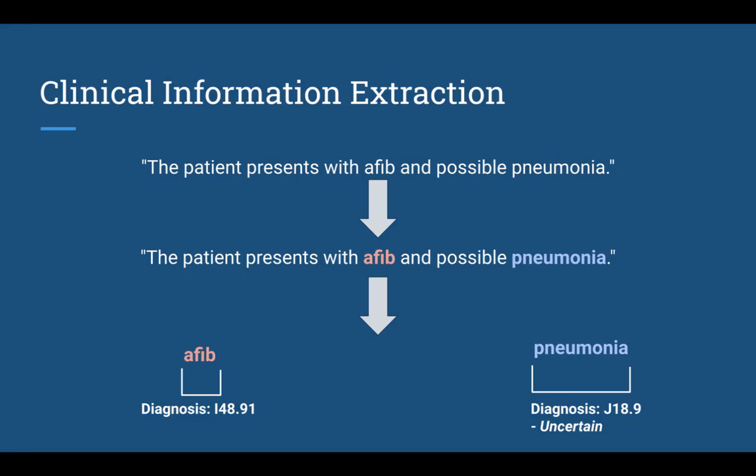But I wanted to point out that there's also something important here, that it says possible pneumonia. So depending on what your task is, maybe what your task is you're billing Medicare for the conditions that a patient has. If the documentation says that it's possible pneumonia, then that's very different from a confirmed case. And so this is another bit of information that NLP would need to extract.